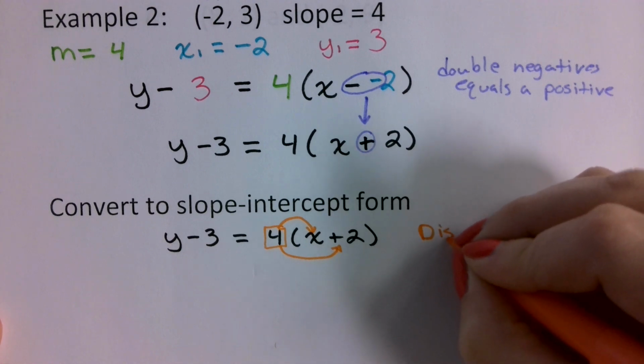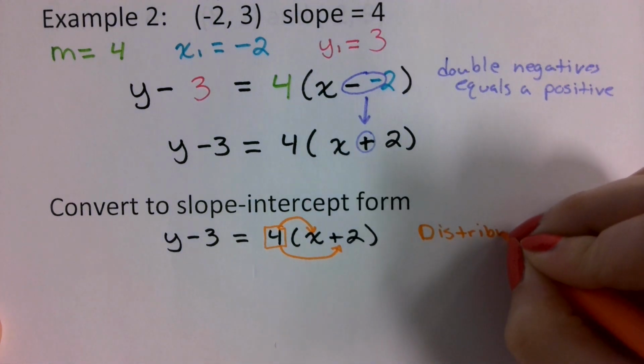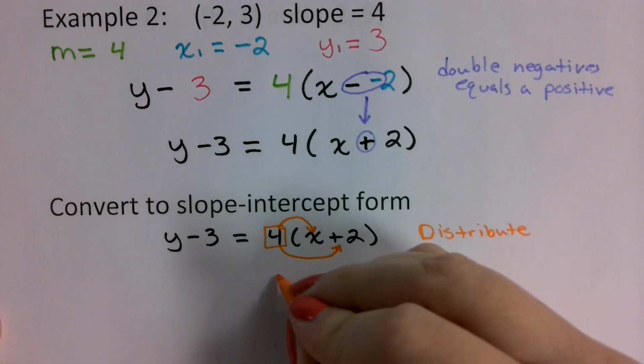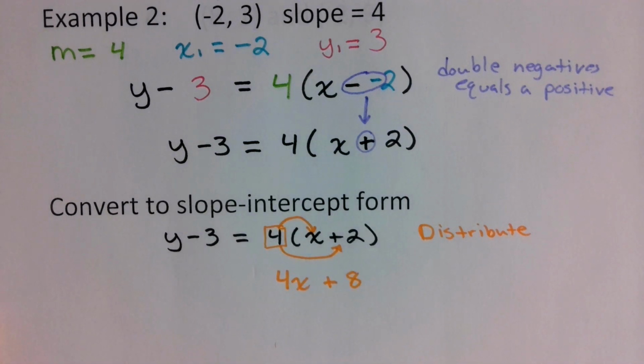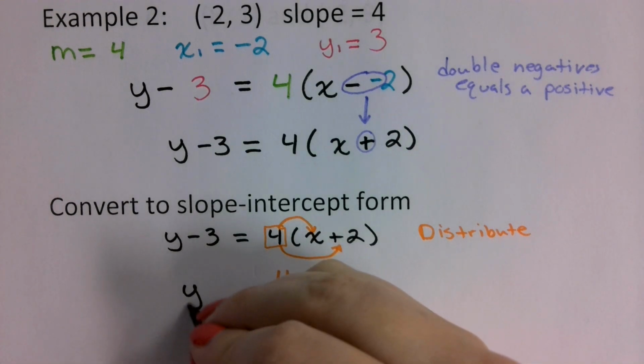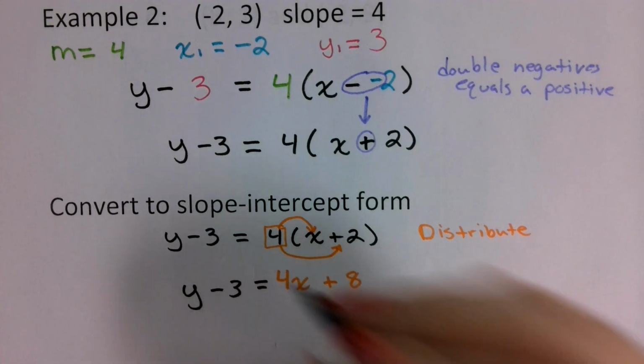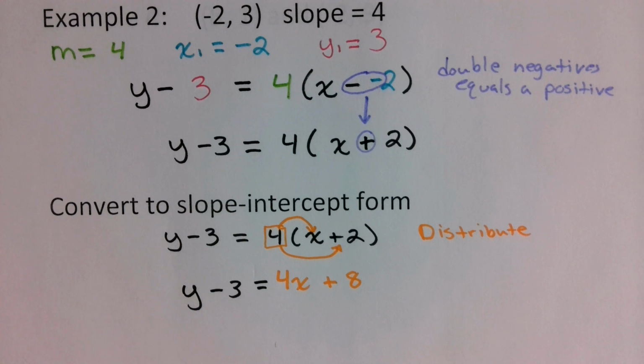We're using our distributive property rule first. Remember, it's always multiplication, so that becomes 4x plus 8. Okay, 4 times x is 4x. 4 times 2 is positive 8. Okay, so now we've got y minus 3 is equal to 4x plus 8.